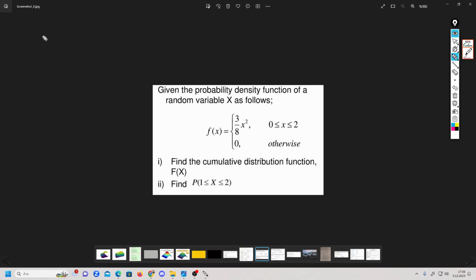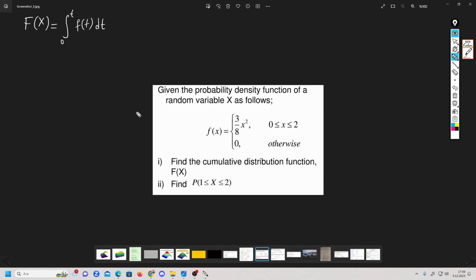So let's remember how we construct the cumulative distribution function. Capital F of x is equal to the integral from 0 to x of f of t dt.